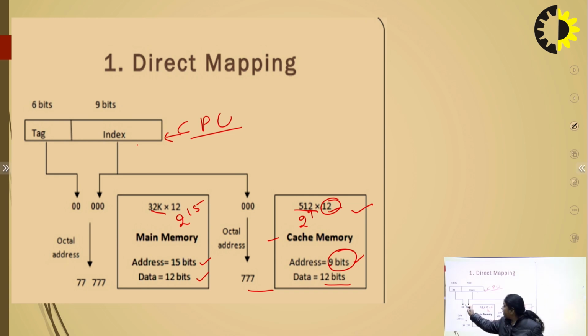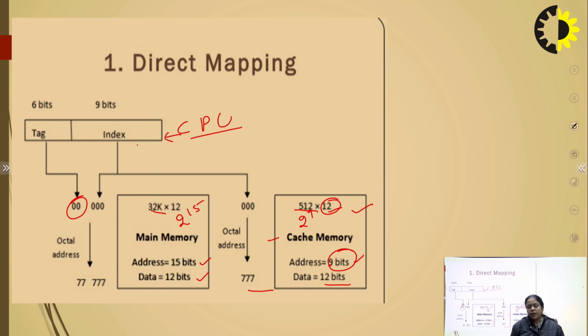In associative mapping we store all the address bits, so we have a larger memory word, which is not practical to store. So in this case we only store the tag bits in the cache memory.